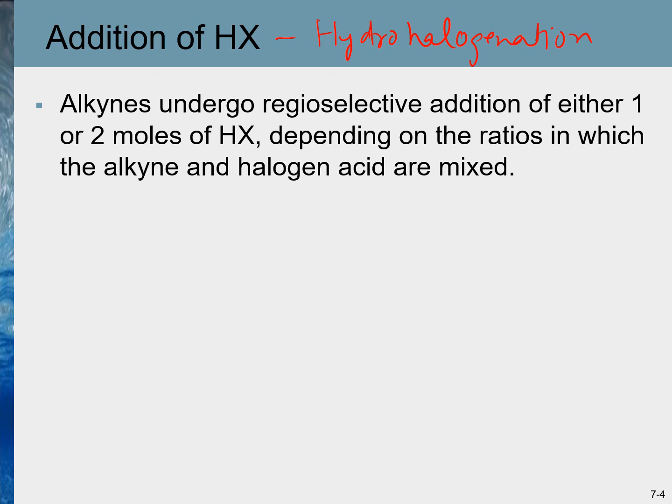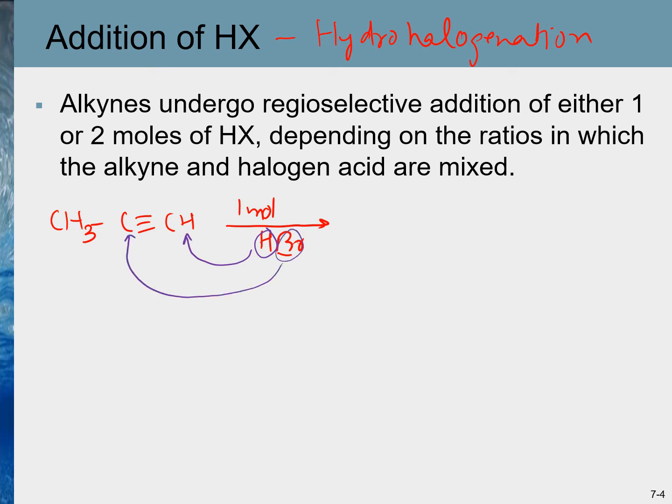For example, if we react propyne with 1 mole of HBr, we will get a Markovnikov's addition product in which the hydrogen will go to the carbon atom with more hydrogens and bromine will go to the carbon with fewer hydrogens and one pi bond will break. So our product at the end will be a monobrominated alkene.